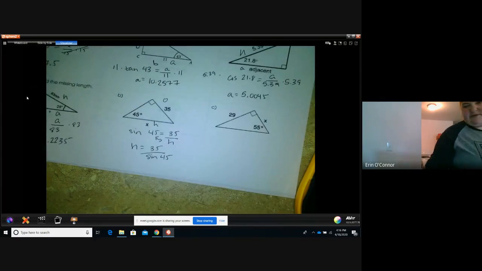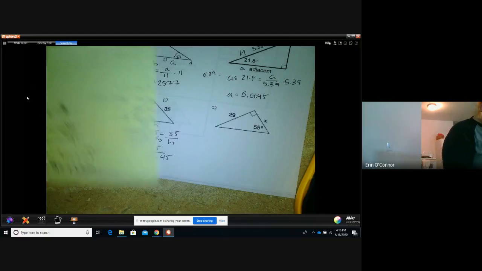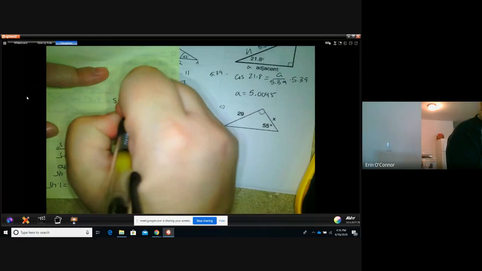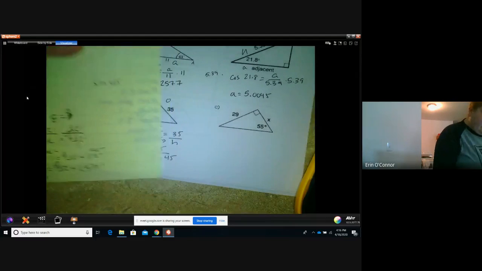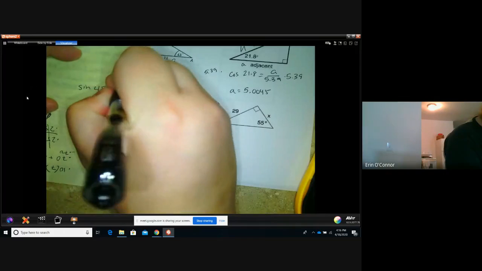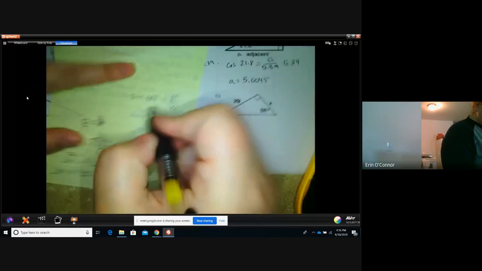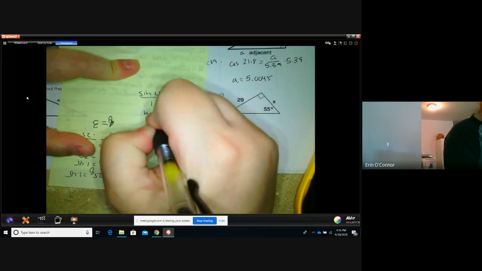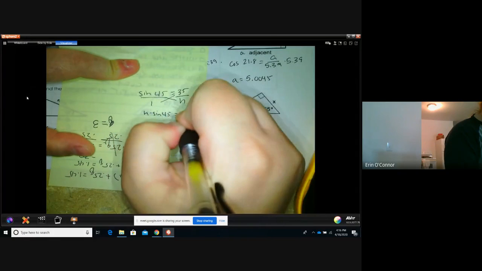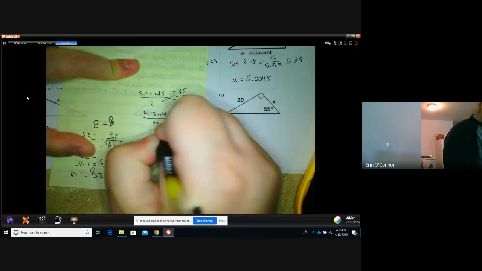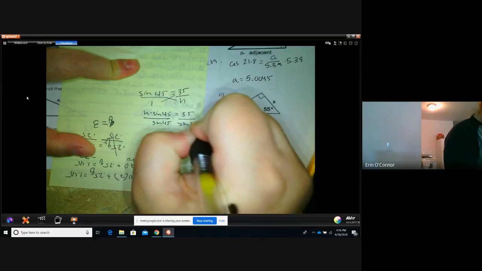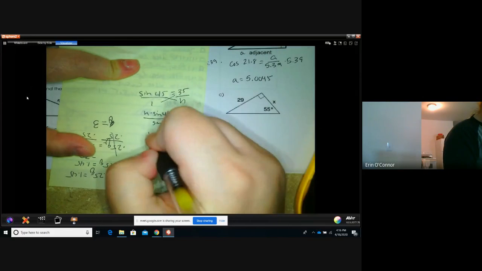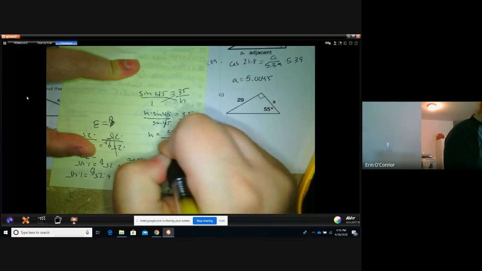I'll show you the math for that really quickly, why it works out, so that later on, you can just flip them. If I had sine 45 equals 35 over h, we can put this over 1 and cross multiply, and we get h times sine 45 is equal to 35. We divide by sine 45 to get h by itself, and we get h is equal to 35 over sine 45.